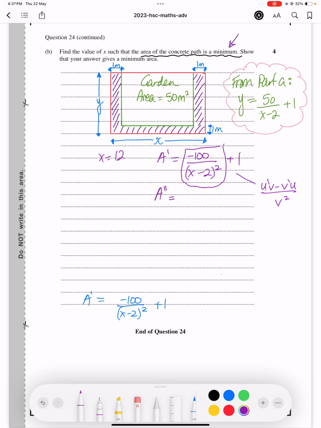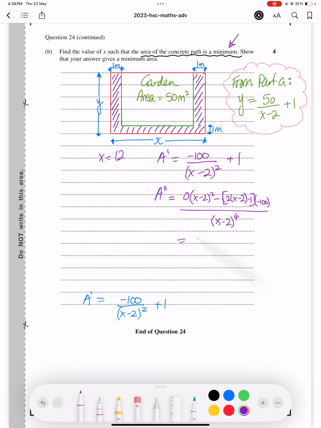So u dash v minus v dash, we have to use the chain rule, u, all over v squared, will be our answer.